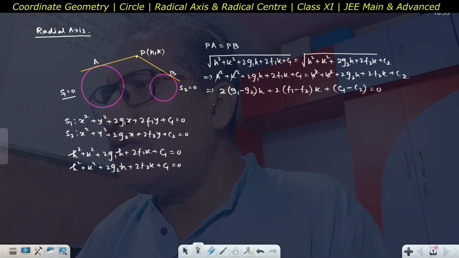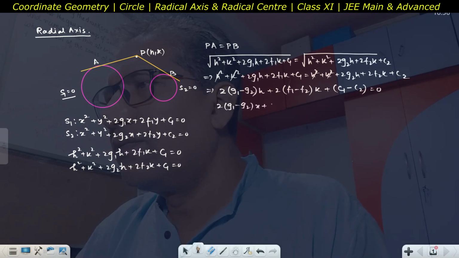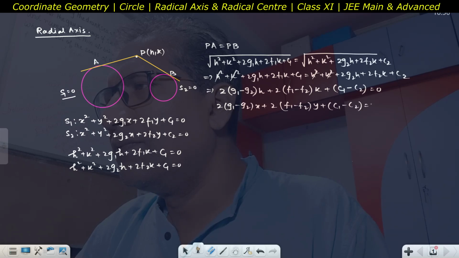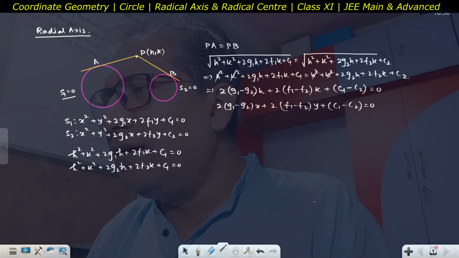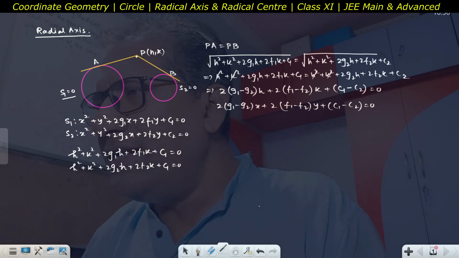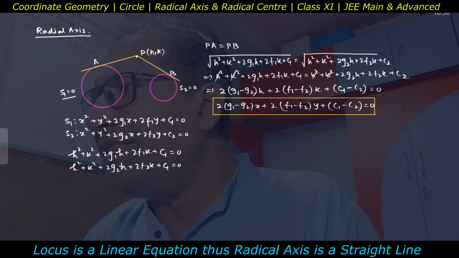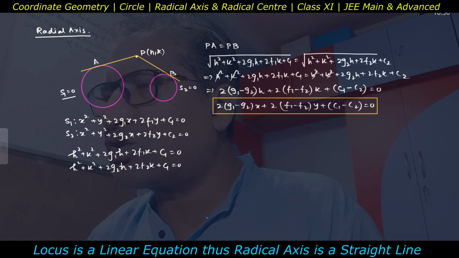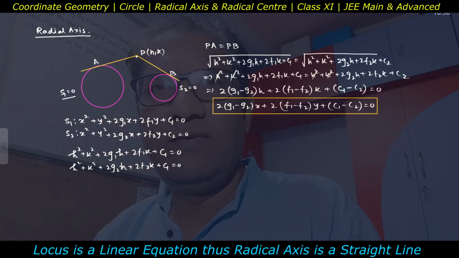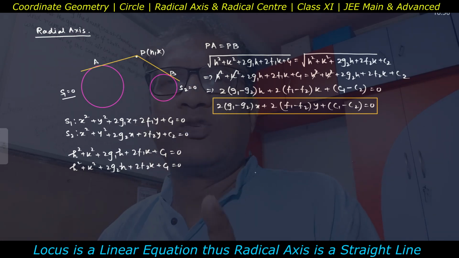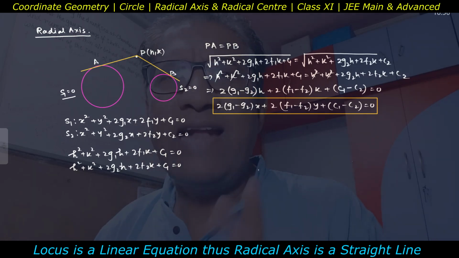Therefore, the equation of the locus of the point P is this. Am I correct? Okay, so this is the locus of the point P, and we can see that it is nothing but a straight line. And this line is what is called your radical axis.